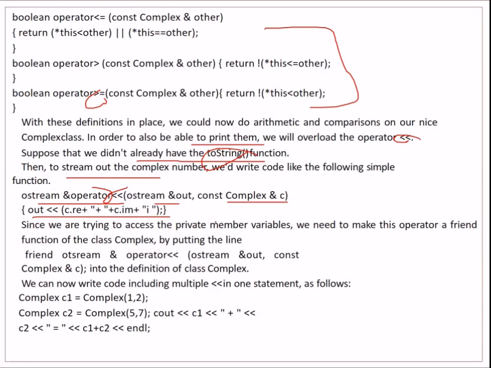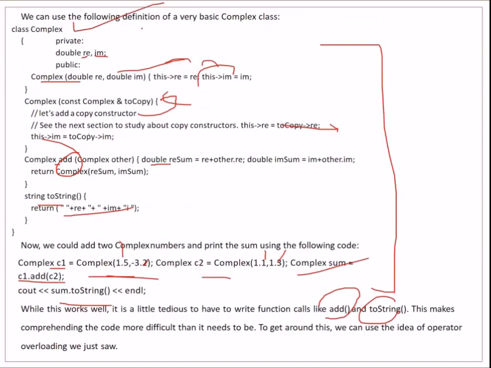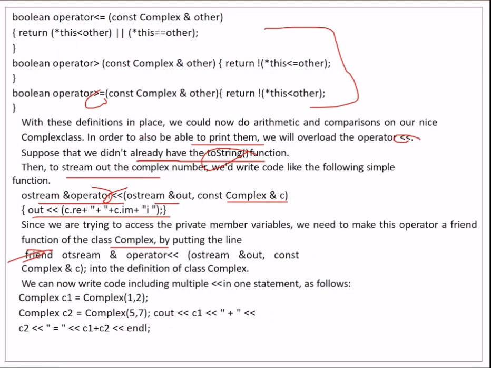Since we are trying to access the private member variables, we need to make this operator a friend function of this class Complex. You already know that by now. So by putting the friend line into the definition of class Complex, we can now write code including this insertion operator in one statement.